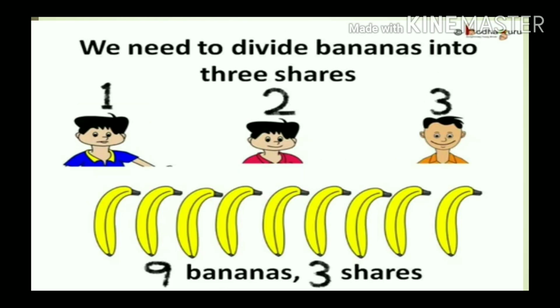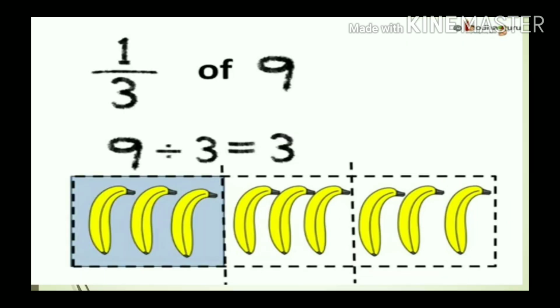We need to divide the bananas into 3 shares. So we have to share 9 bananas into 3 shares. Let's see how we'll do that. 1 out of 3 of 9 means you have to divide 9 by 3. After dividing you get 3, which means we get 3 bananas for each child, or 3 bananas in each share.